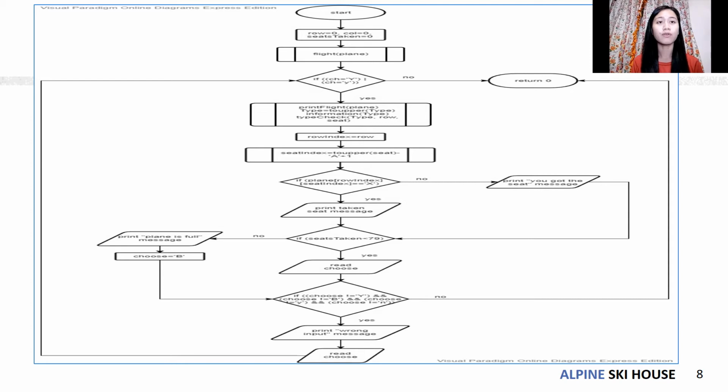From this, the flow direction of no is going to the right, to the input or output box. And then the flow direction of yes continues going down to the new input or output box.